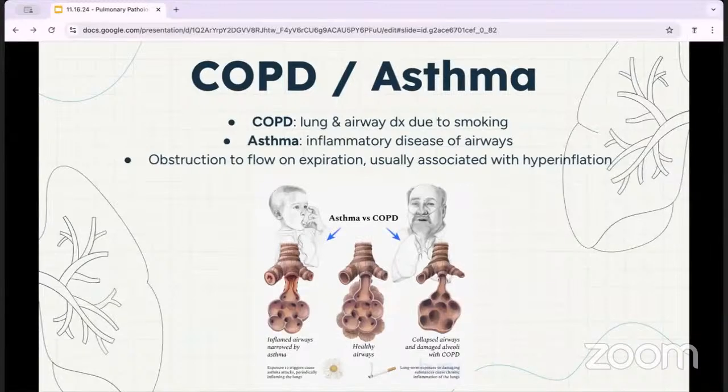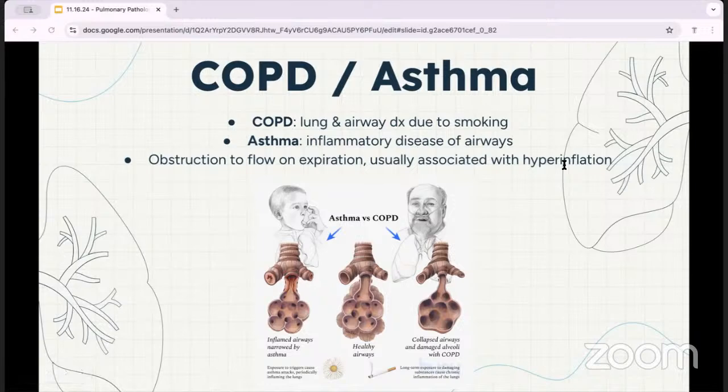All right, so let's talk about COPD. It's important to understand the two most common obstructive lung diseases, COPD and asthma. Who knows what COPD stands for? Right, COPD stands for chronic obstructive pulmonary disease.